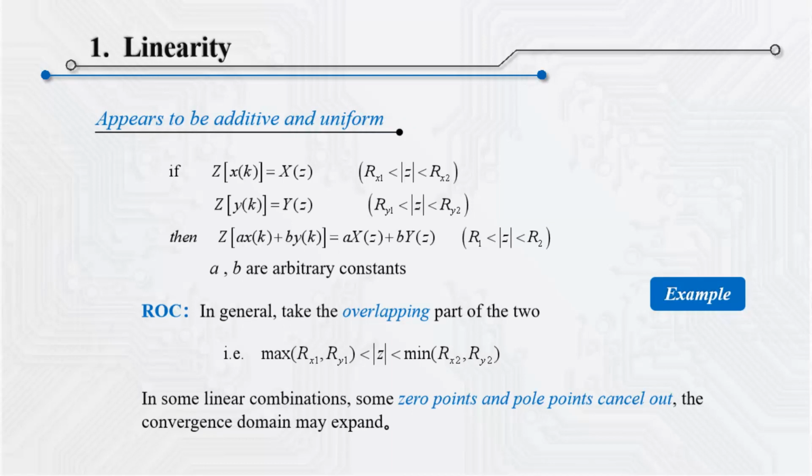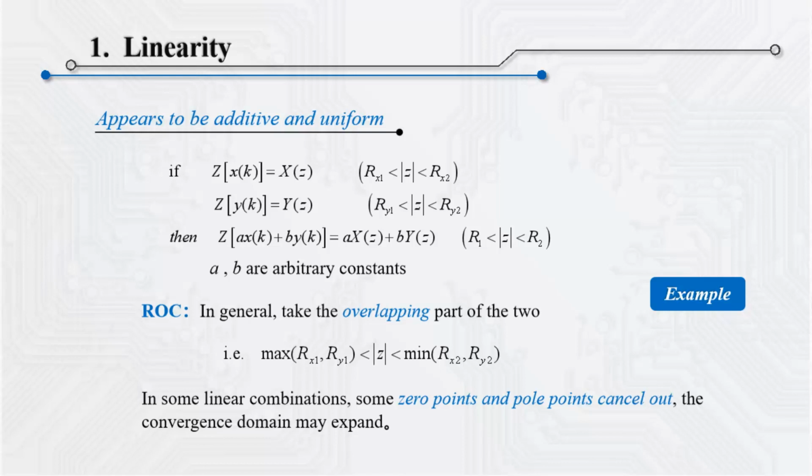Let us first analyze the nature of linearity. The nature of linearity is mainly manifested as superposition and uniformity, which is the familiar homogeneity. The content of the linear theorem is as follows.